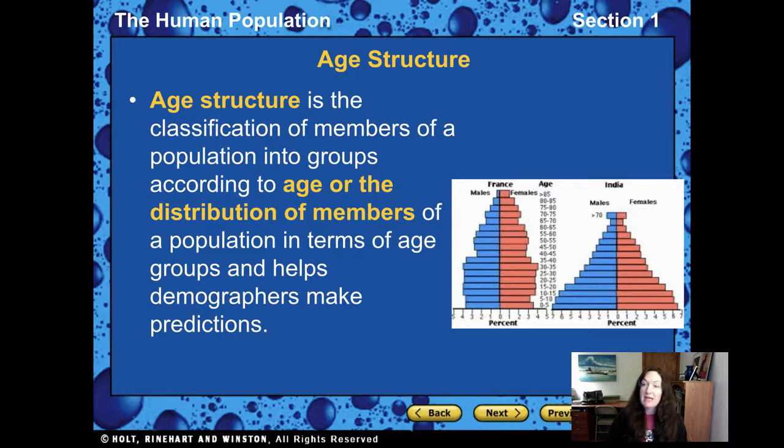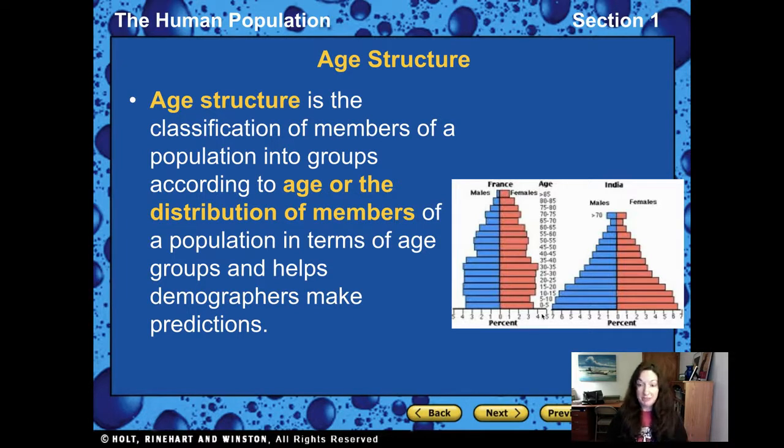One of the tools that scientists use to look at populations is called a population pyramid. And this is the population pyramid on the right. I think you're going to write about that more in the next slide. But what a population pyramid is showing is something called age structure. And it's just the way that the members of the population are arranged by their ages.